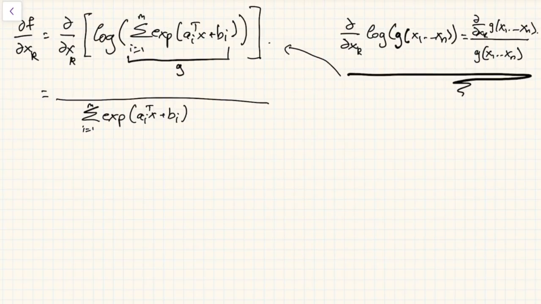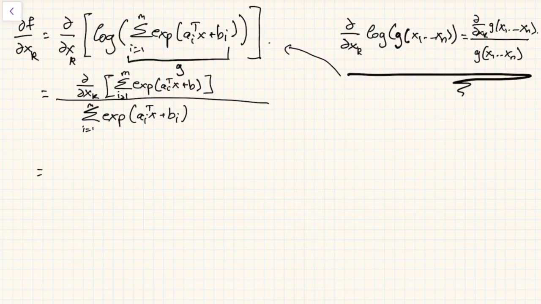And now we want to derive g in the numerator, so the partial derivative with respect to xk of g, that is the sum of exponentials of affine transformations, of course. And we've got i running from 1 till m, right?